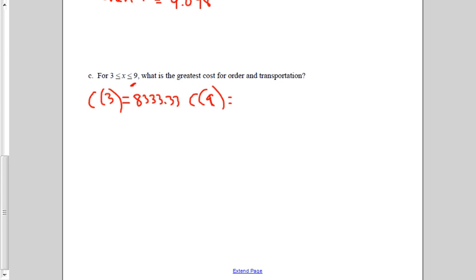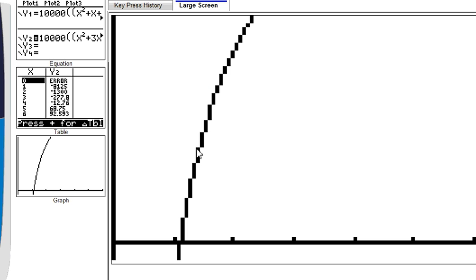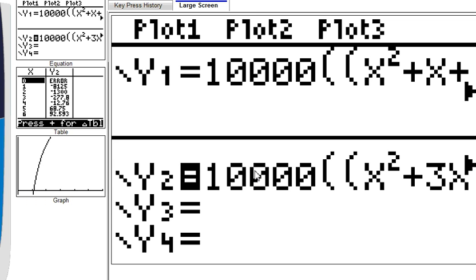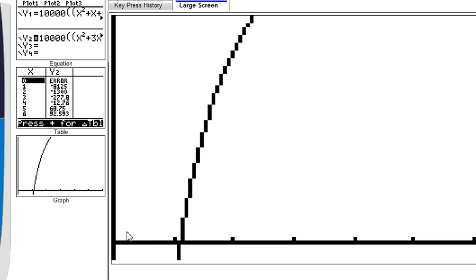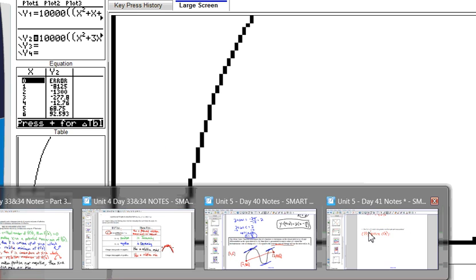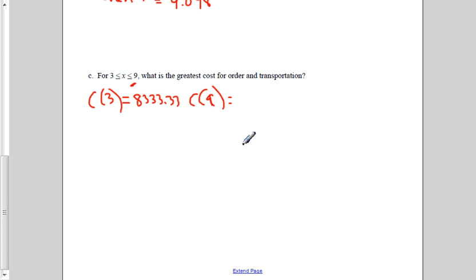I still have the derivative in y2, and I just changed the window from 3 to 9. The key I'm looking for is that there's only one 0 between 3 and 9, so it's still that same value I found from 3 to 6.